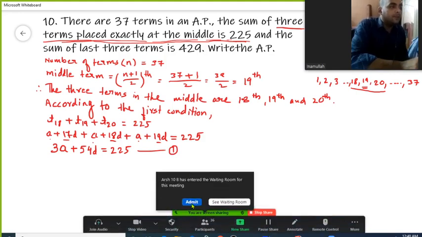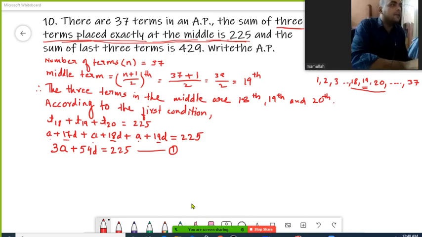In the same way, we have another condition: the sum of the last three terms is 429. This is your last term, 37, and the condition says last three terms. Before 37 we have 36, and before 36 we have 35. So we are talking about the last three terms as the 35th, 36th and 37th term.